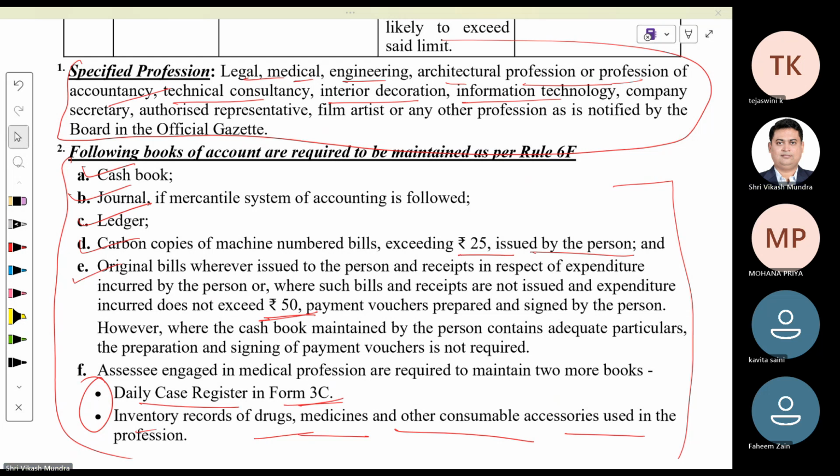If in case of individual or HUF, these limits are increased from 1,20,000 to 2,50,000, and turnover increased from 10 lakh to 25 lakh, in any of the last three preceding previous years, you are supposed to maintain those books of accounts which enable your assessing officer to compute your income. On the contrary, if in none of the years you exceed those limits, then you are not supposed to maintain any books of accounts. Is it clear?